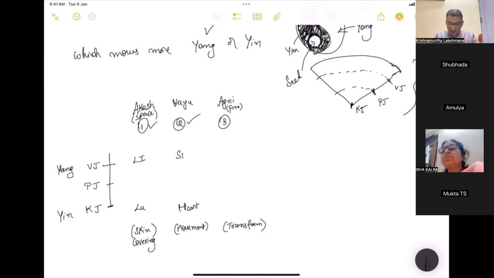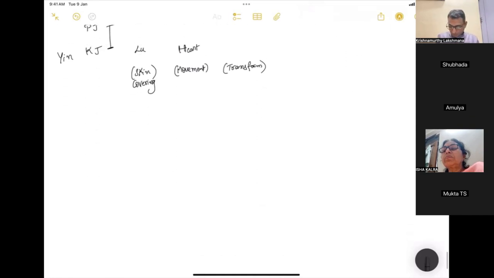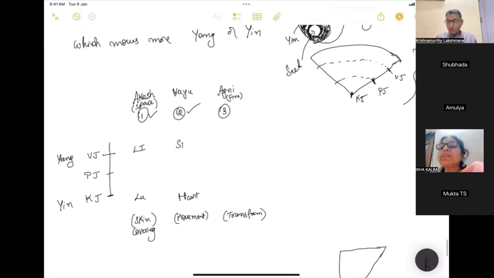So Agni has the property to transform. And what is the organ which transforms the most? Liver. How? It does many chemical reactions.